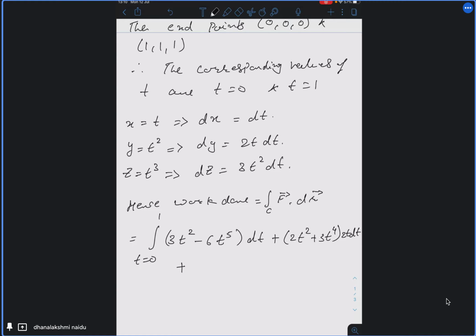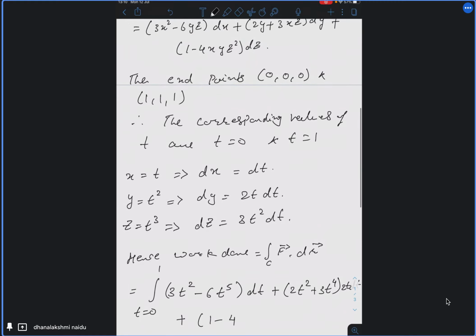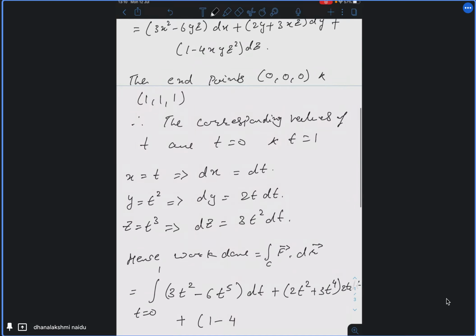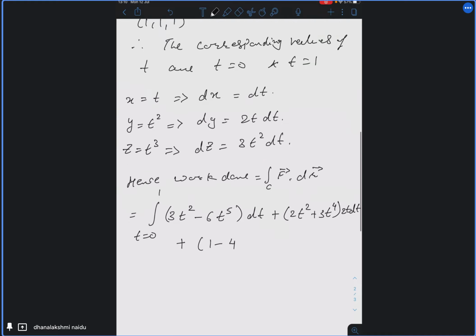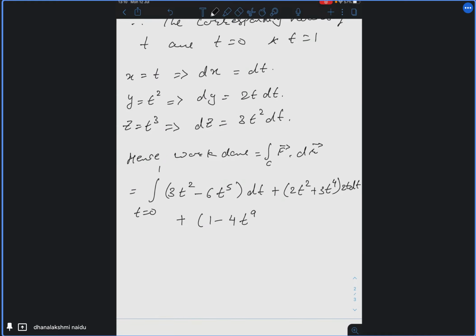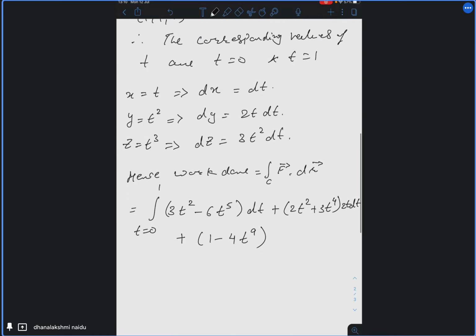Then plus 1 minus 4xyz square: x is t, and t cube whole square is t to the power 6, so overall t to the power 9, multiplied with dz, which is 3t square dt.